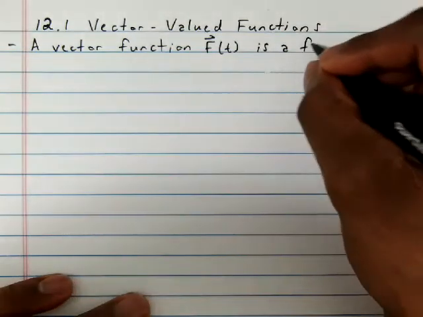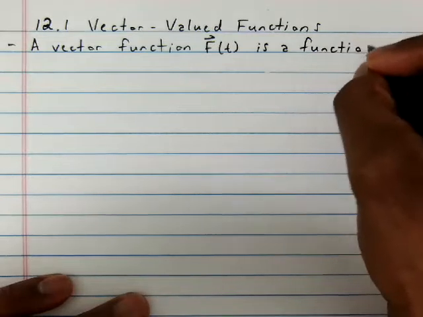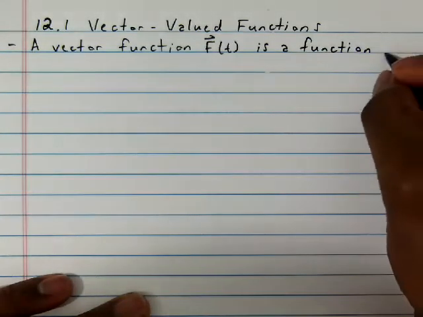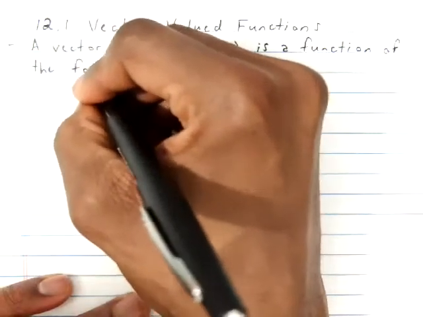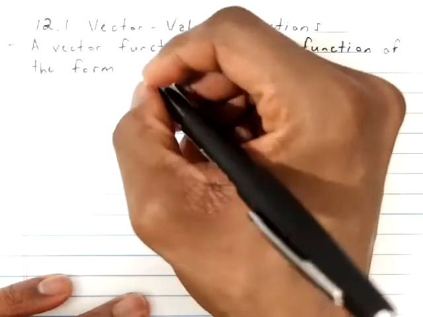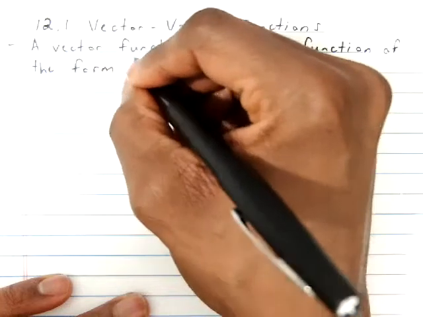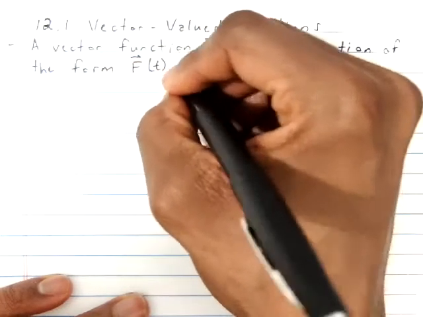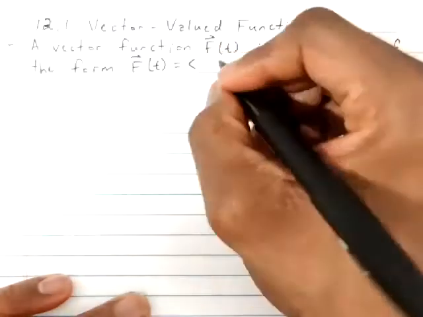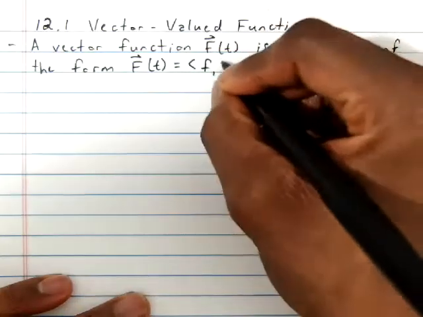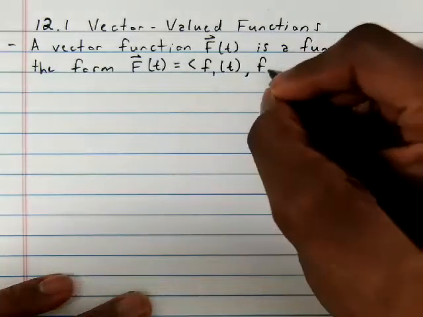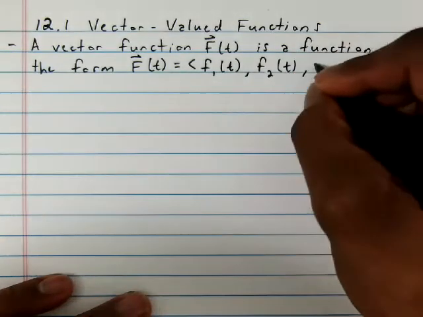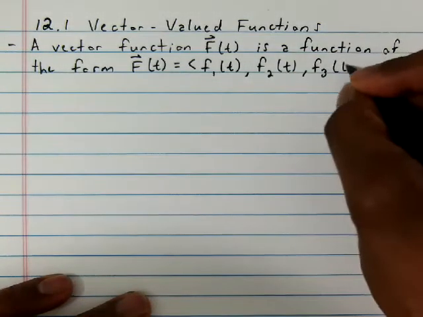Is a function of the form F of t equals lowercase f sub 1 of t, lowercase f sub 2 of t, and then lowercase f sub 3 of t.